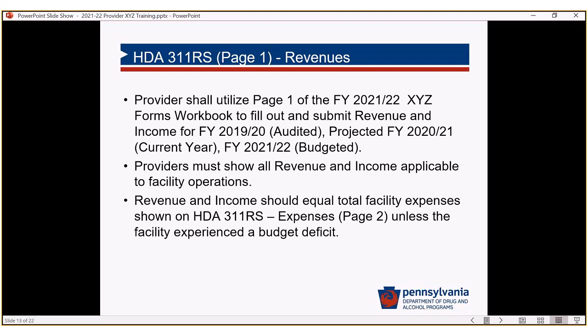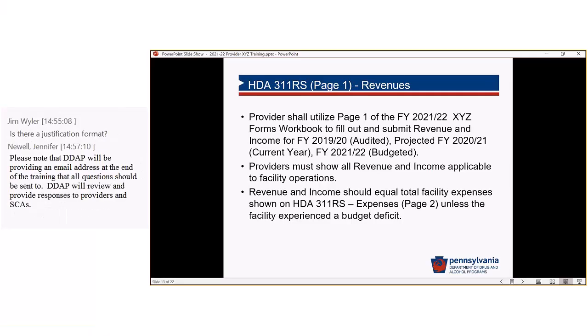Providers should show all revenue and income that is applicable to the city. That revenue and income should equal the total facility expenses as shown on your expense form, unless that facility experiences a budget deficit.